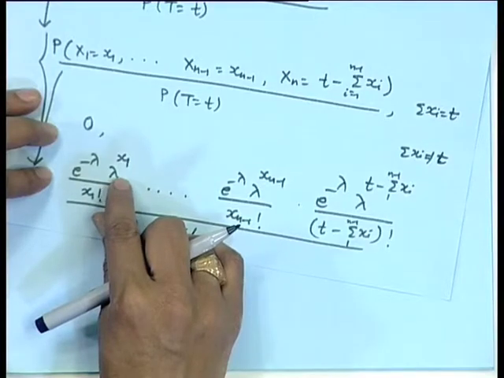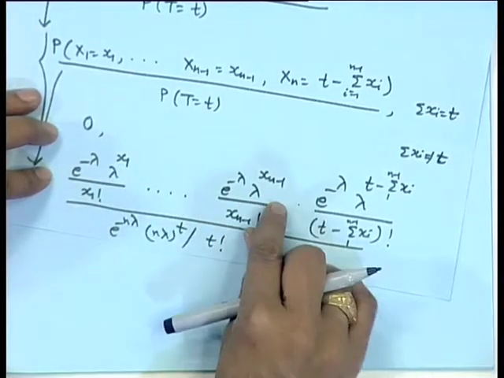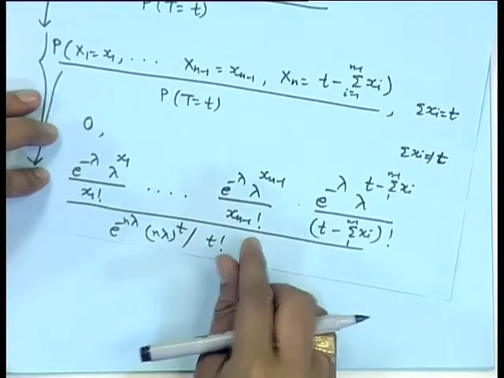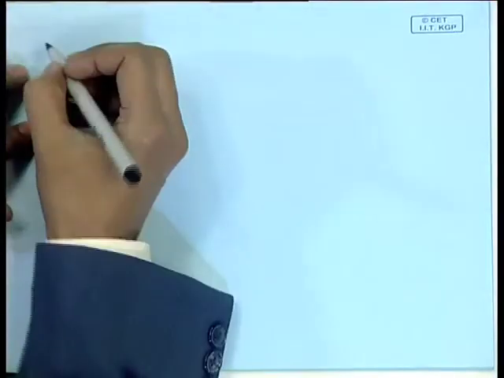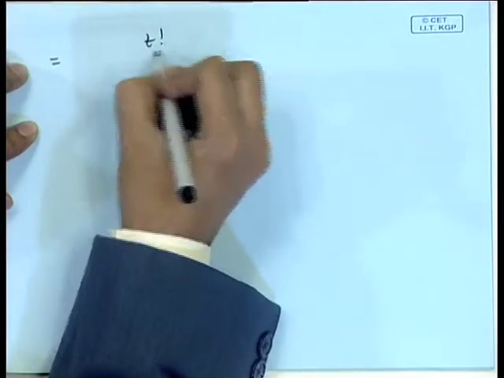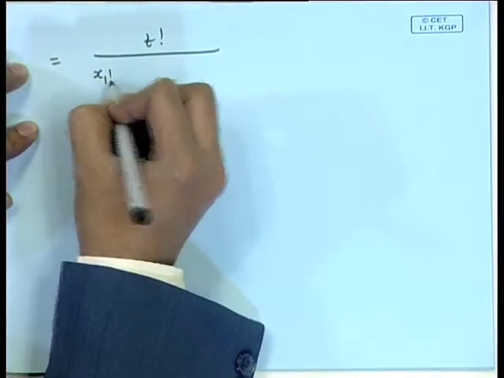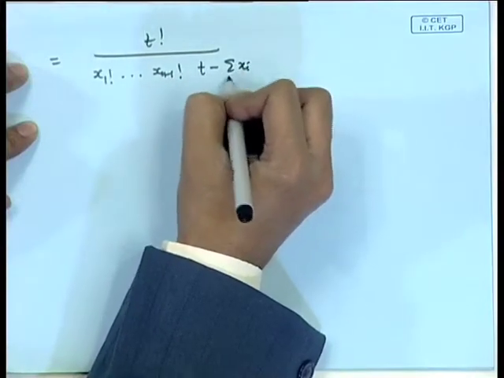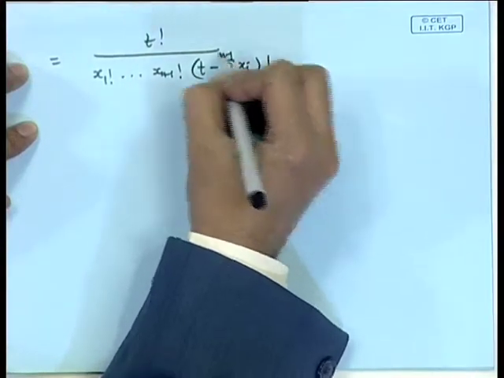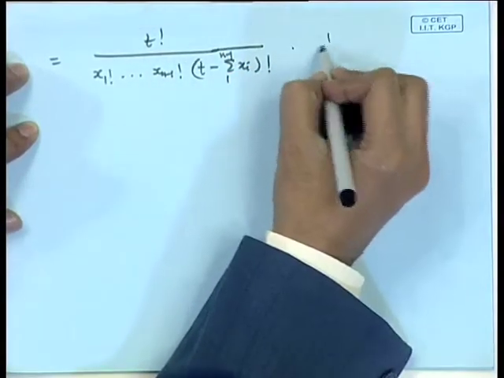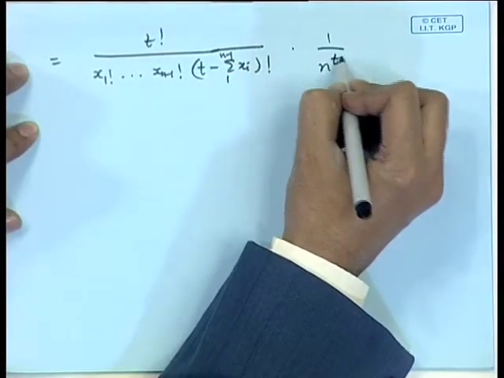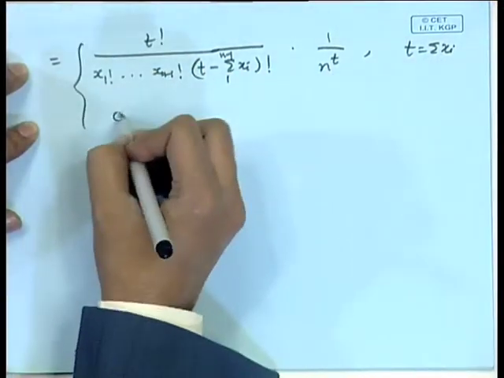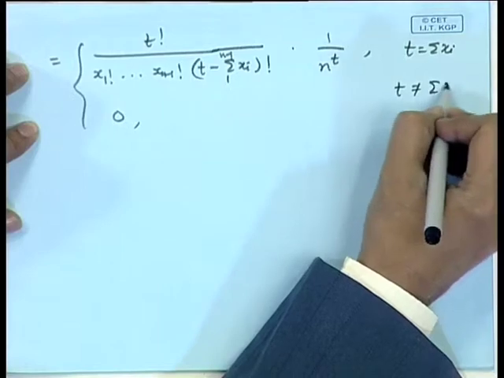The powers of lambda, that is lambda to the power t here, and in the denominator we have lambda to the power t. So, that also cancels out. So, we are left with t factorial divided by x1 factorial and so on, x(n-1) factorial, times t minus the sum of xi for i from 1 to n minus 1 factorial, times 1 by n to the power t, when t is equal to the sum of xi, and it is equal to 0 if t is not equal to the sum of xi.